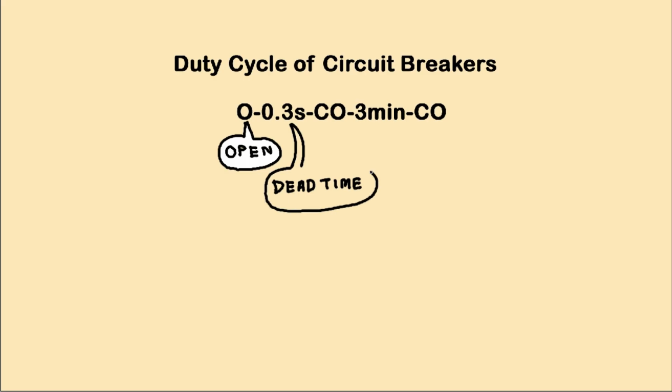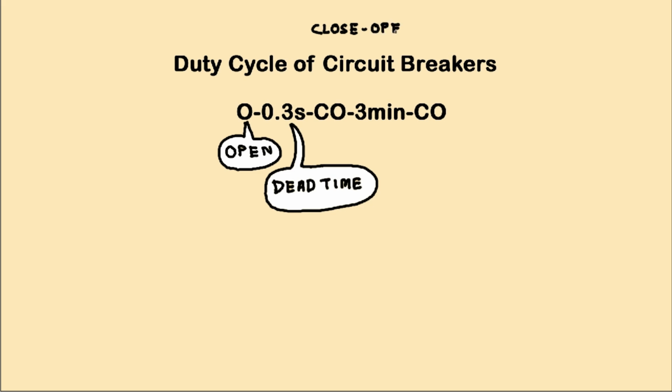The dead time is the period required for the circuit breaker to settle after arc extinction between the contacts. It is the time needed for the dielectric medium between the contacts to become fully deionized and recover its full dielectric strength. After this time, a closing pulse is sent to the circuit breaker.